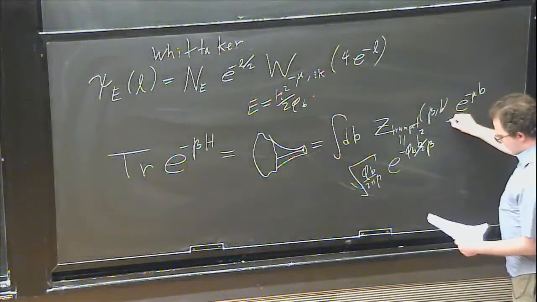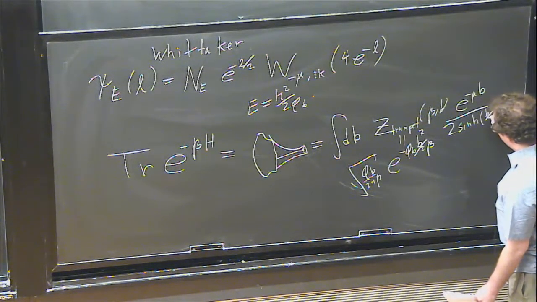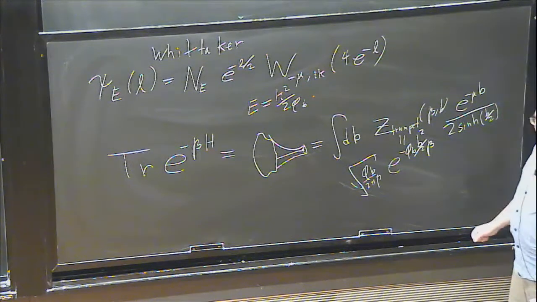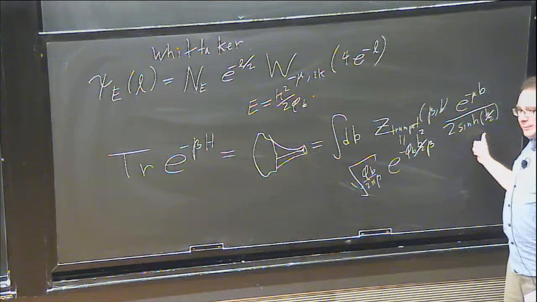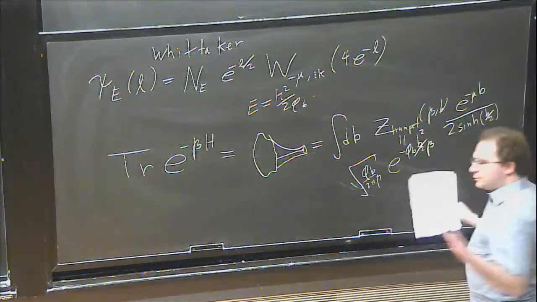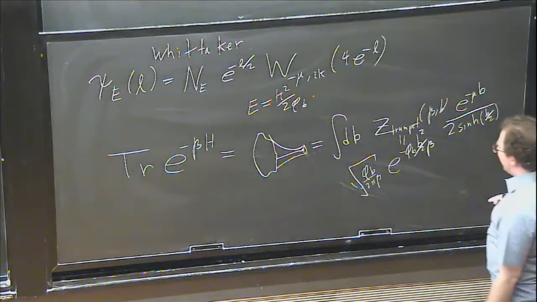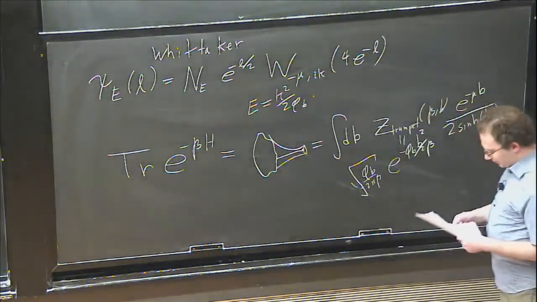And then there's a piece that comes from the one loop determinant, which looks like 1 over 2 sinh of b over 2. So instead of having b in the numerator, we have 1 over sinh b in the denominator. This doesn't contradict anything because this is a separate computation.